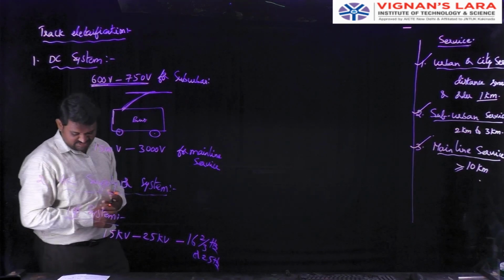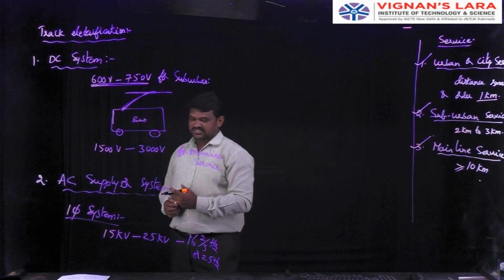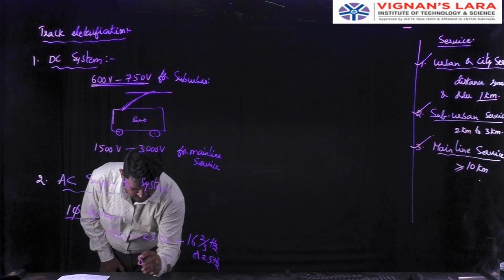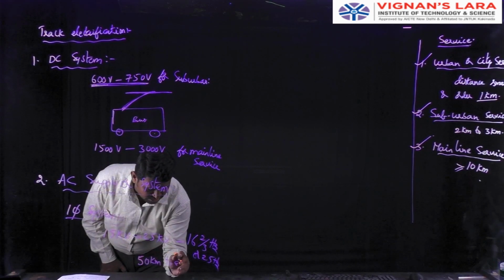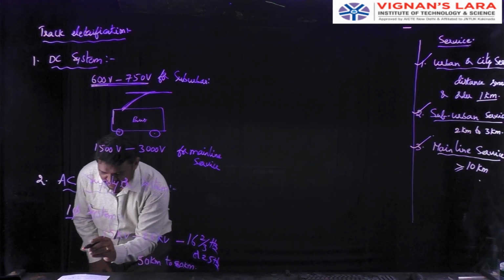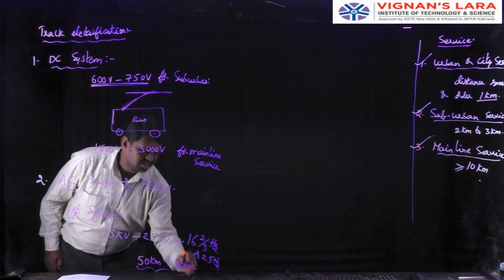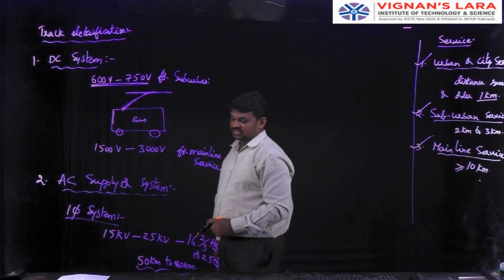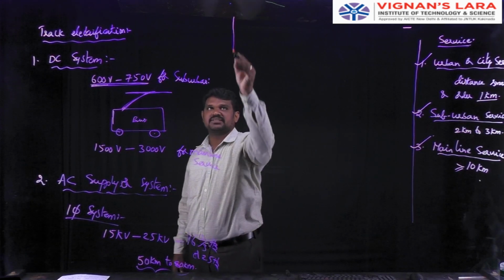Now the spacing between the substations, the distance between the substations, is between 50 kilometers to 80 kilometers.